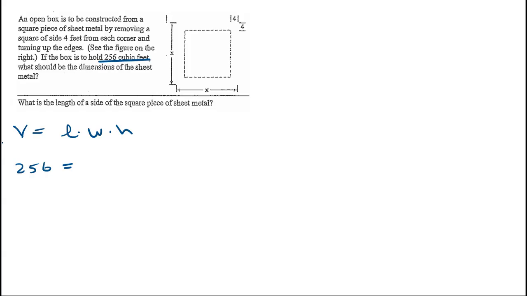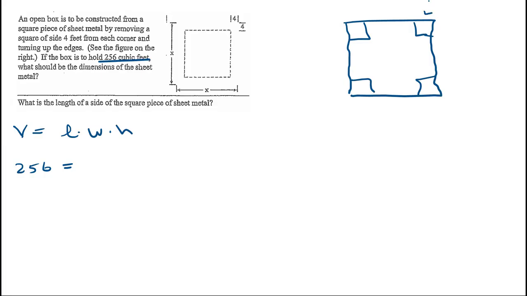All right. So I'm actually going to redraw this. So we have our square, our sheet metal. And what we're doing is we're cutting out little square corners, right? And I know the square corners are 4 feet by 4 feet. Use a different color here. Okay, so this is 4 feet by 4 feet, and it's all like that everywhere around.